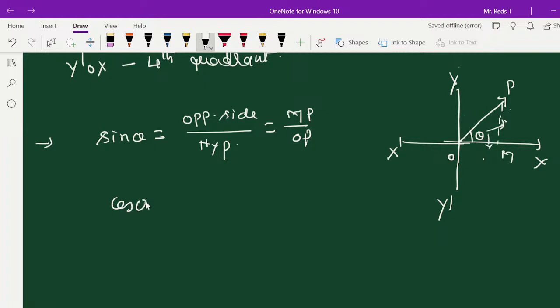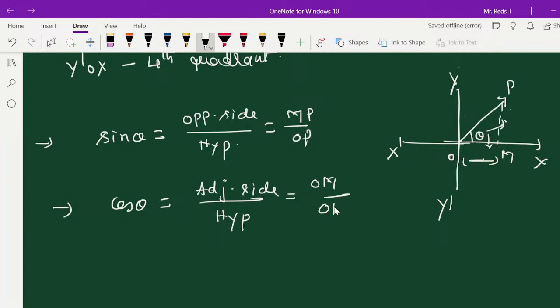Whereas cos theta for a triangle is given by adjacent side by hypotenuse. The adjacent side is OM, and the hypotenuse is OP. That is cos theta. Sometimes the adjacent side is called the base of the triangle, and the opposite side is called the perpendicular of the triangle.